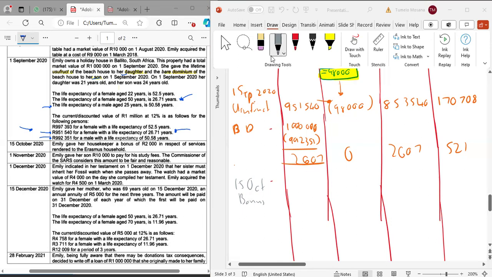I feel like it's not a donation since it's in relation to services rendered. Bonus. Okay, Emily gave her housekeeper a bonus of 2,000. So it's in relation to services rendered. Very well stated.